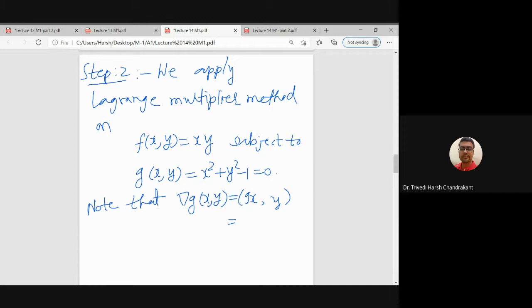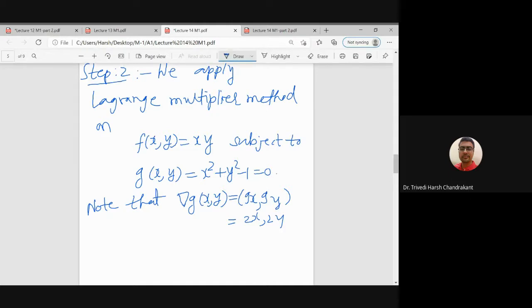If we have a three variable function, we have gx, gy, gz. For two variable functions, the partial derivatives are 2x and 2y with respect to x and y, because our g equation is x square plus y square minus 1.